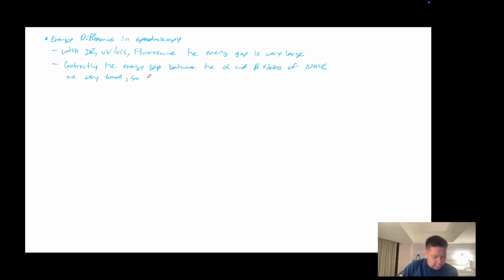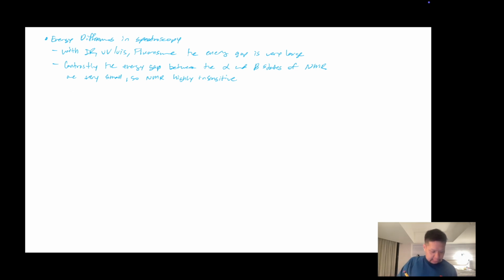So it makes NMR highly insensitive. Generally, you need a very, very concentrated sample to be able to detect anything without it being lost in the noise, especially for those nuclei with lower magnetogyric ratio, which we'll talk about later. Those include carbon-13 and things like that.